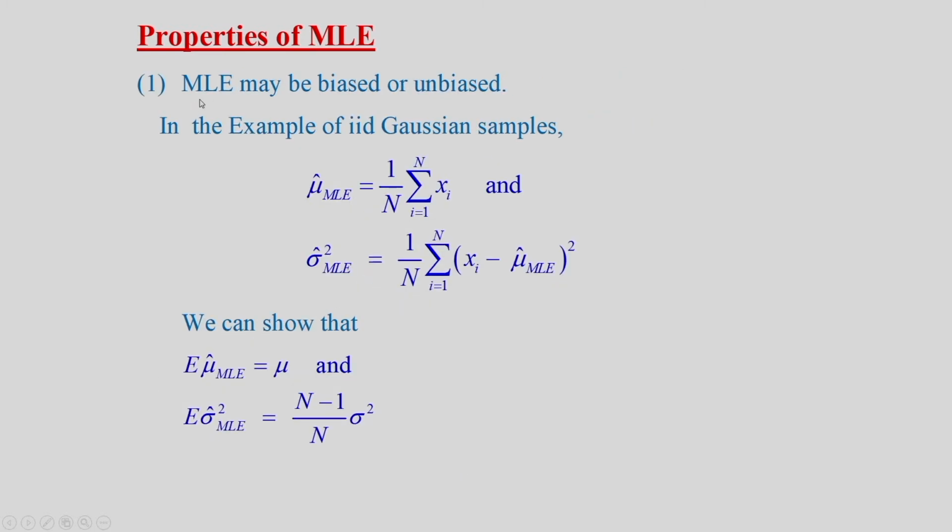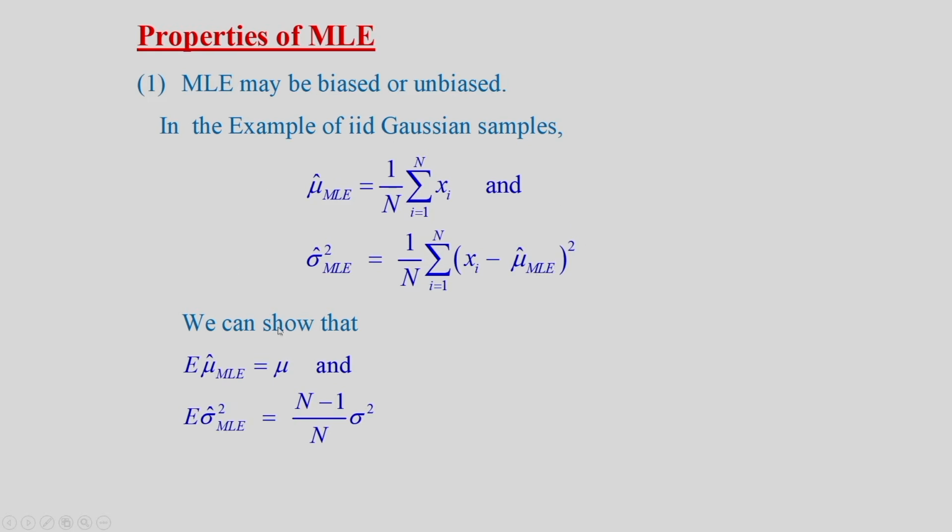The first property is that an MLE, maximum likelihood estimator, may be biased or unbiased. In the example of IID Gaussian samples, we established that the MLE for mu, mu hat MLE, is equal to the summation of xi, i going from 1 to n, divided by n. Similarly, the MLE for sigma square, sigma hat square MLE, is equal to 1 by n times the summation, i going from 1 to n, of xi minus mu hat MLE whole square.